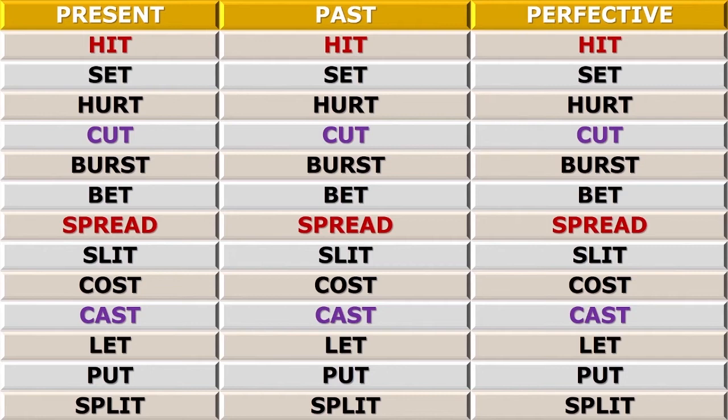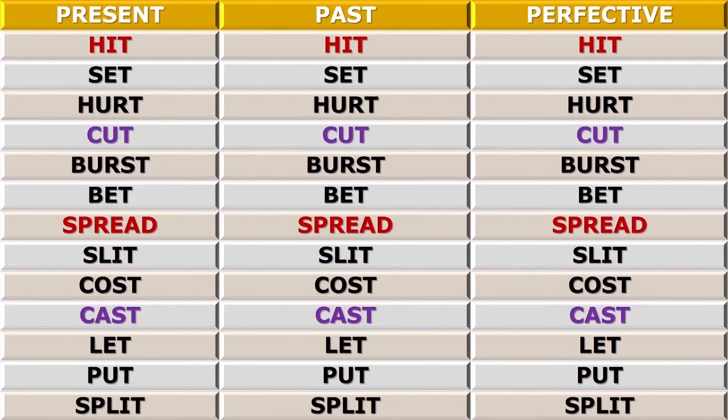When you look at these verbs, they are the same in their present tense, in their past tense, and in their perfective form. You don't have anything like shed, shedded. It's wrong to say put, putted, or split, splitted, or cast, casted. No, they express themselves in the same form in the present, in the past, and in the perfective form.